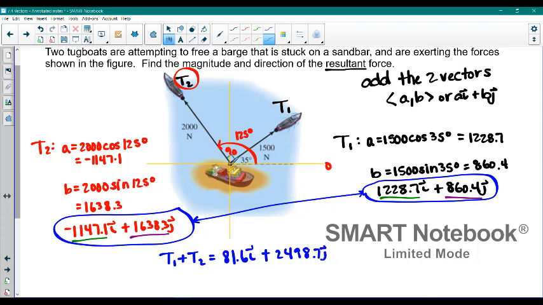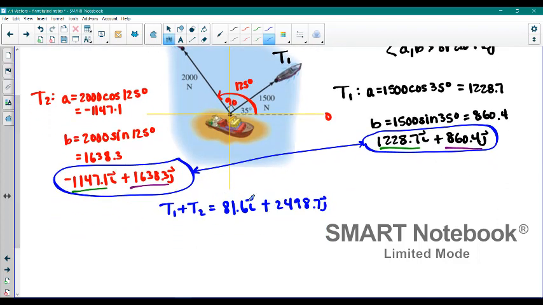So slightly, not a lot, to the right, but quite a bit vertically, which is what we would probably expect in this picture. Now we want to find the magnitude and the direction. This is the answer in IJ form, but we are asked for the magnitude and the direction.